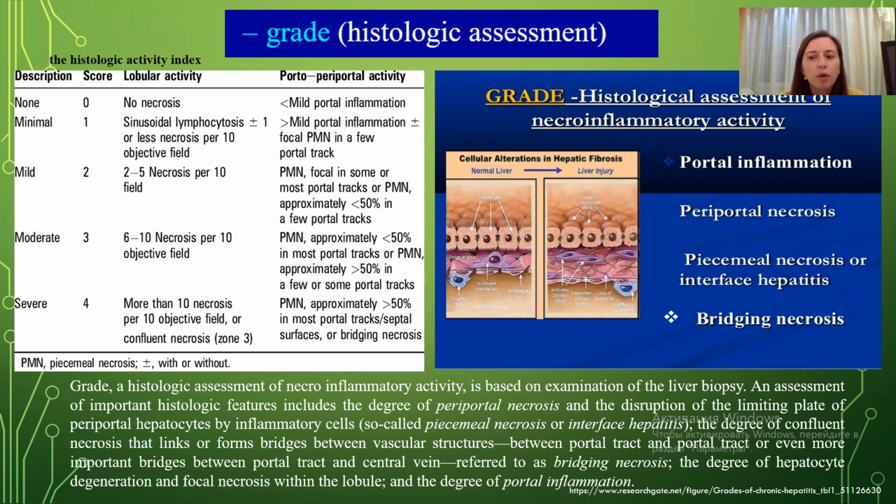The degree of confluent necrosis that leaves or forms bridges between vascular structures, between portal tract and portal tract, or even more important, bridges between portal tract and central vein, referred to as bridging necrosis. The degree of hepatocyte degeneration and focal necrosis within the lobe, and the degree of portal inflammation.